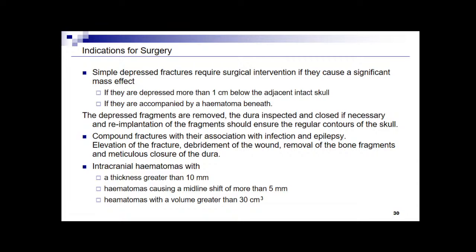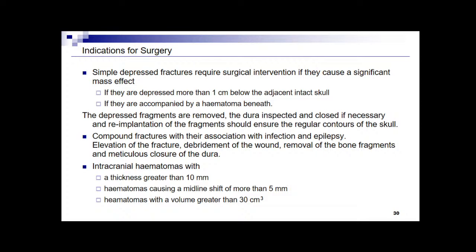The second part of medical care is operative treatment, surgical operation. Not every head trauma should be operated on. You should estimate indications for surgery. There are three indications for surgery.